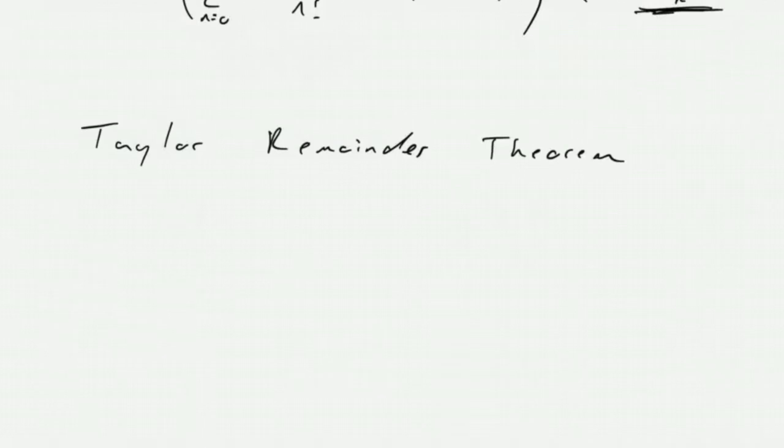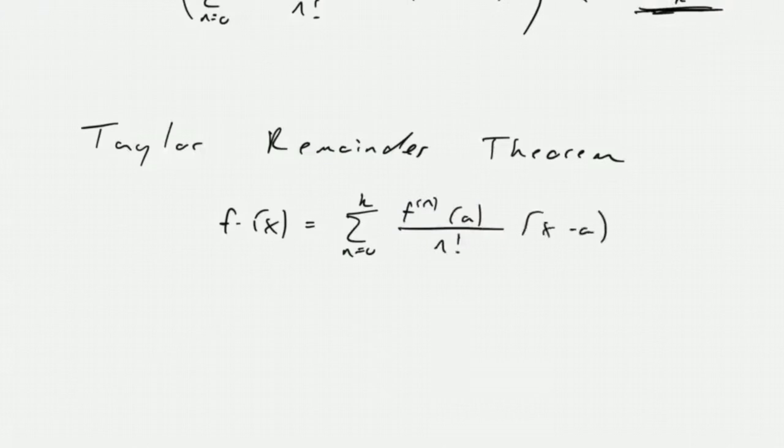So the Taylor remainder theorem says that if we're approximating f of x with a Taylor polynomial, we have a remainder term.